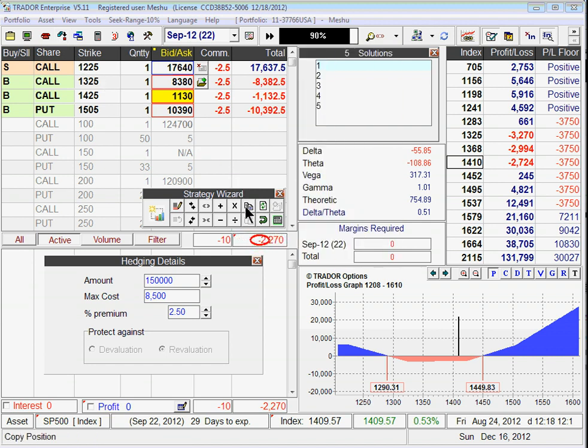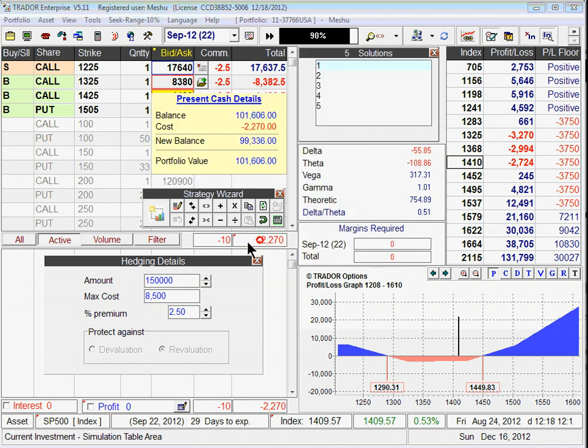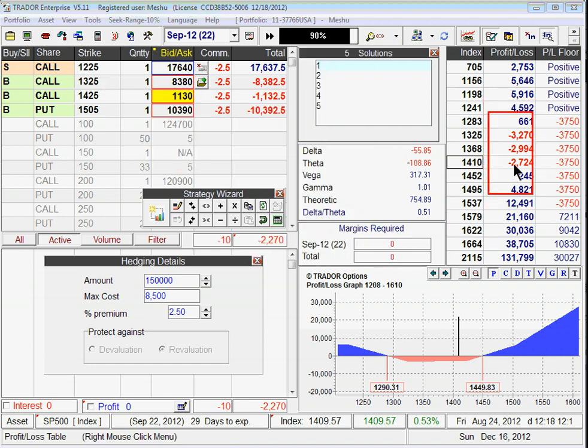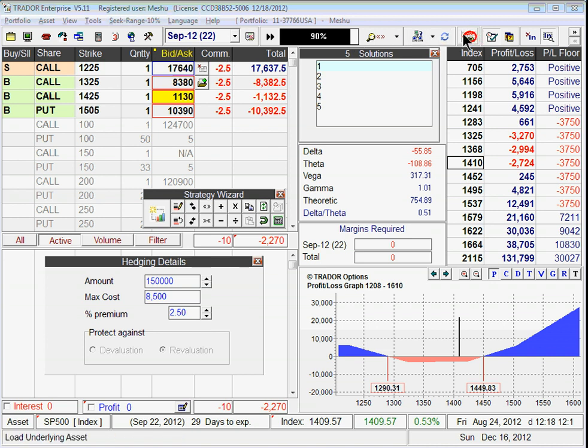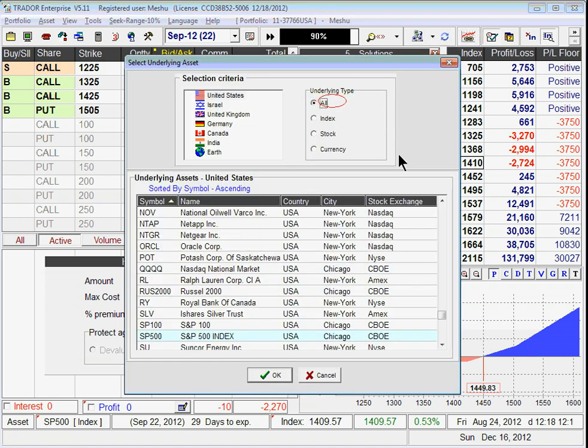We can see the current investment cost and also the premium we'll pay in case we decide to execute this position. I'll go back to the Amazon asset.